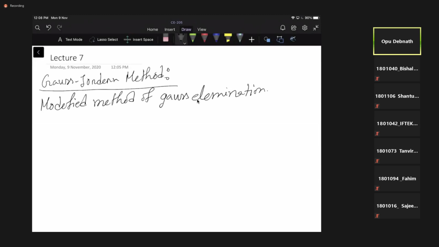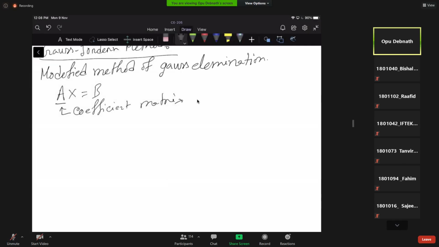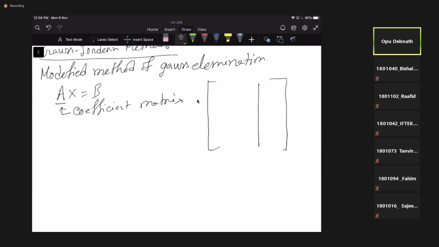We know the basic form Ax = B, where A is the coefficient matrix. In Gauss elimination, we simply make the upper triangle. That means only this portion has values and the lower portion is 0. That means the lower triangle entries are 0.